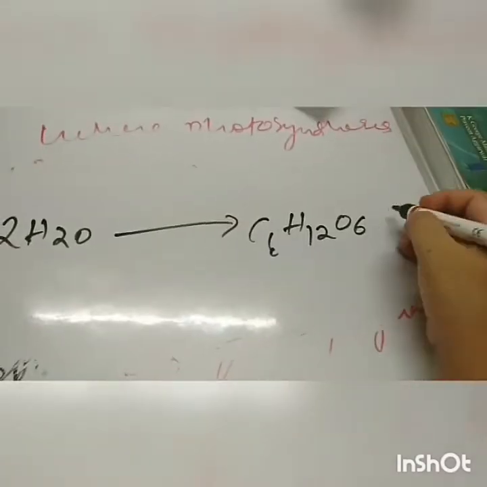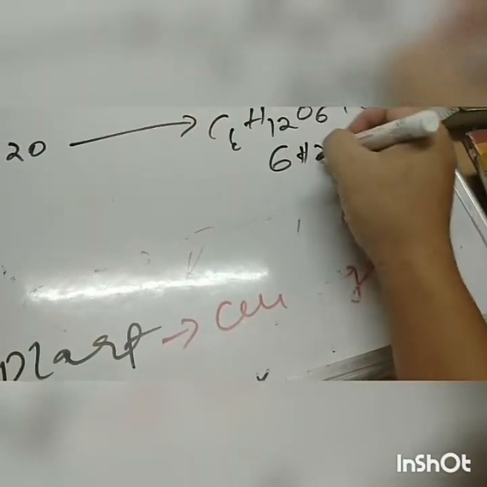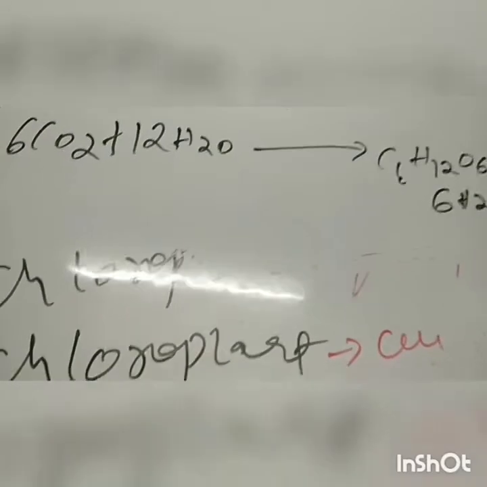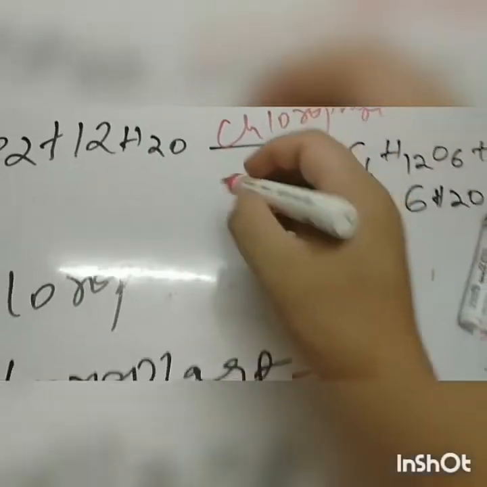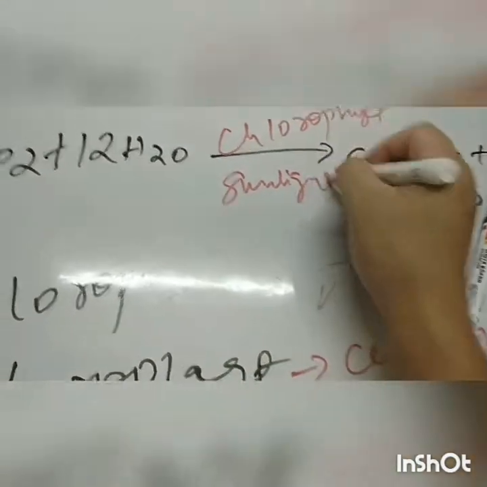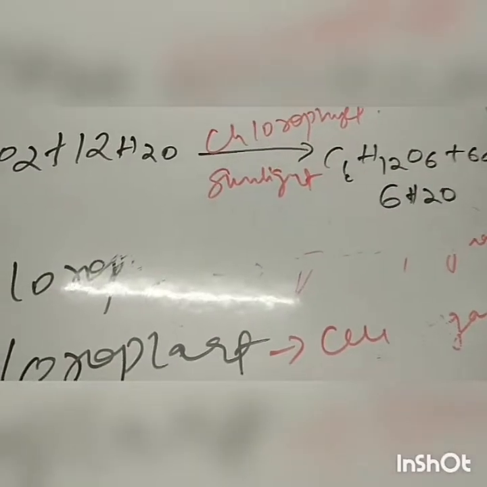But in the chemical formula of photosynthesis, there is 6CO2 plus 6H2O, giving C6H12O6 plus 6O2. In the standard formula, chlorophyll is given. Don't be confused about why there is no chloroplast.